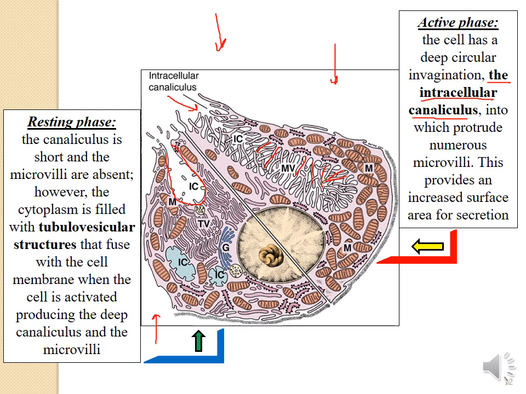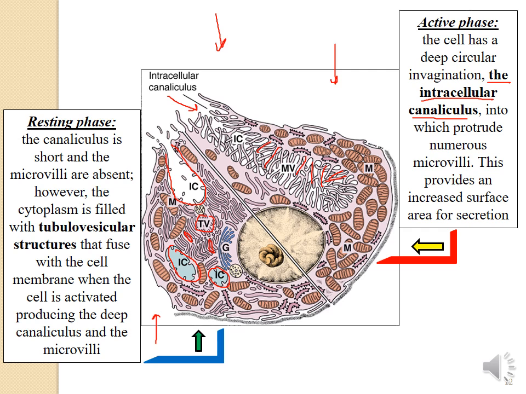However, the cytoplasm is filled with several tubular and vesicular structures, some in the shape of tubes, for example these tube-like structures, and others in the shape of vesicles. These fill the cytoplasm of parietal cells when they are inactive, when they are resting.